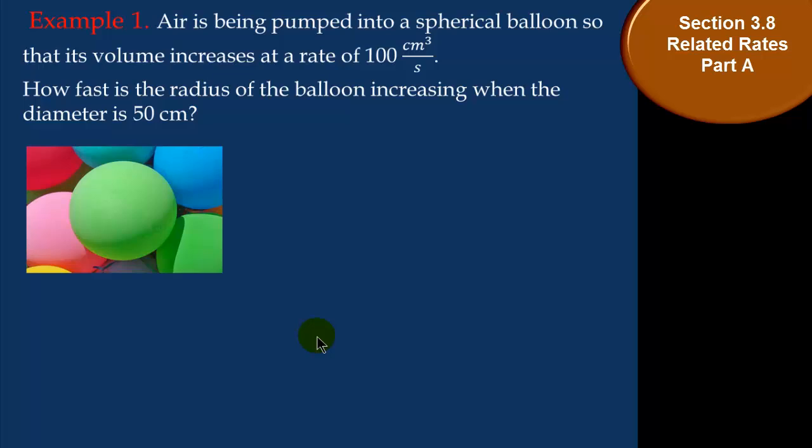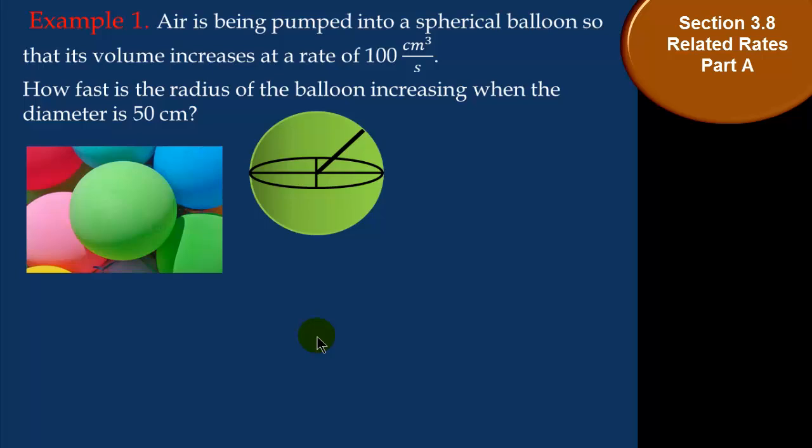So let's just look at one sphere in general, and it's got, of course, a radius and a diameter. And now we are asked to find how fast is the radius increasing while we are pumping air into the balloon at a particular point or time when this diameter is 50 centimeters.